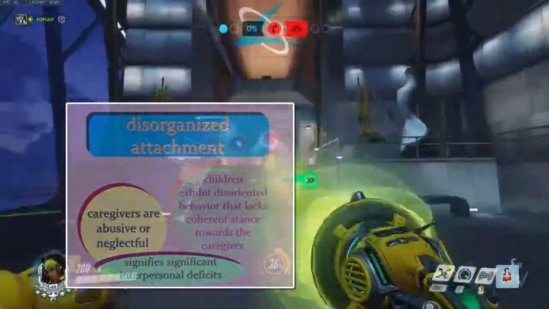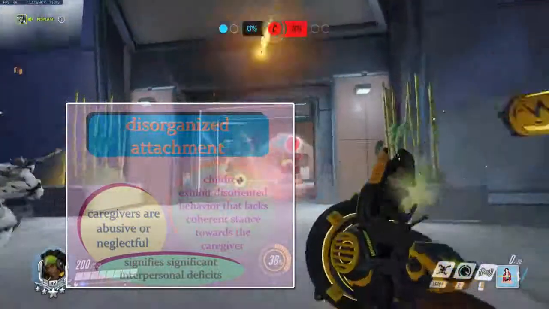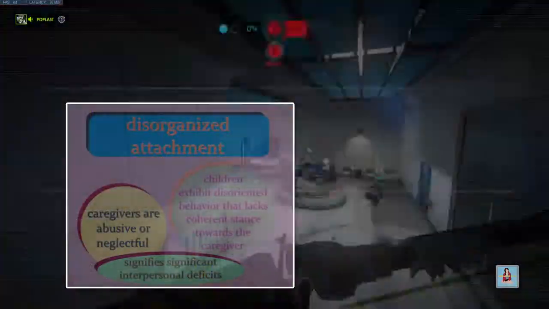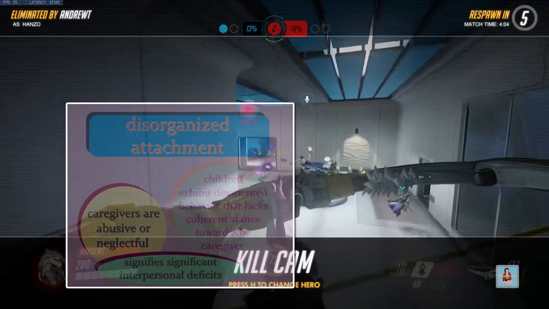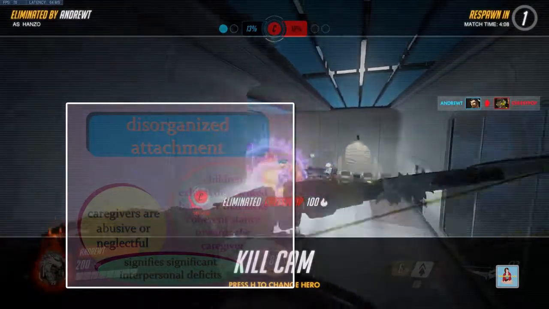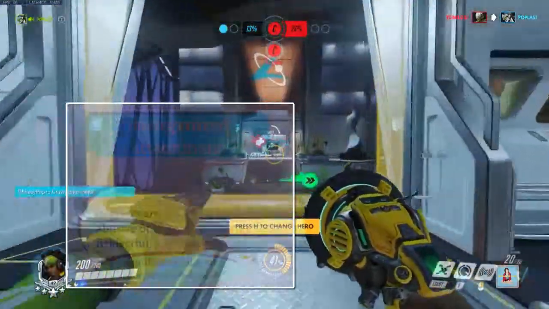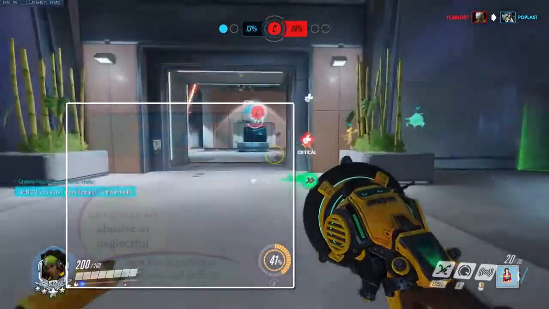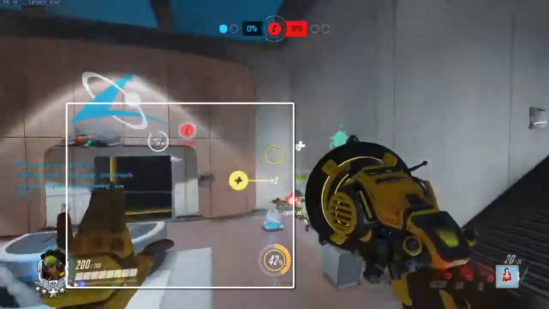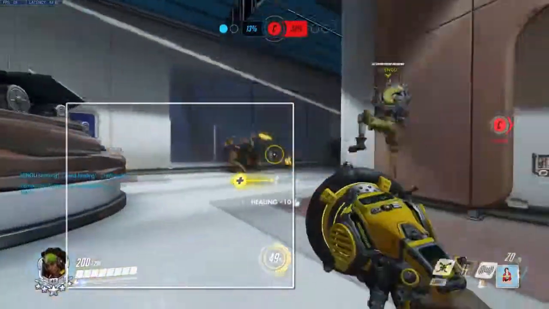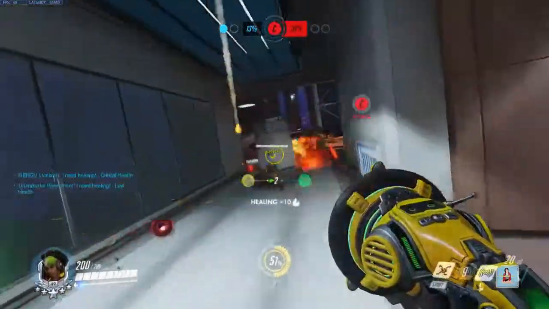So that could be it too. And then children exhibit disoriented behavior that lacks coherent stance. So that sounds like the second one, though, doesn't it? That sounds like insecure resistant attachment, where they're seeking the parent and getting away from the parent. But I guess it doesn't mean that either. It just means disoriented behavior.